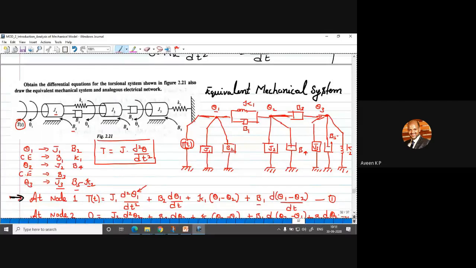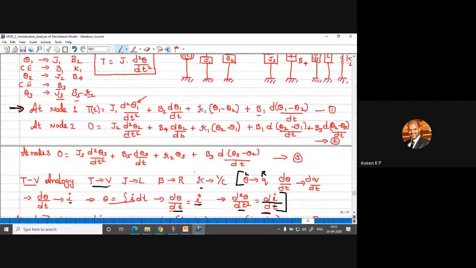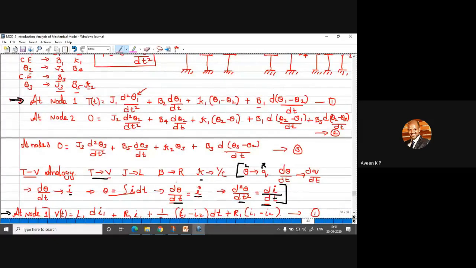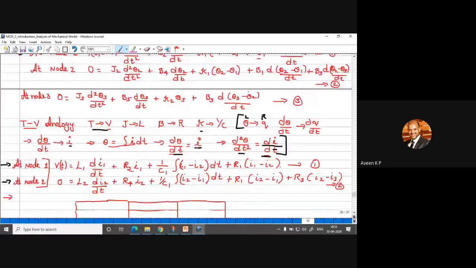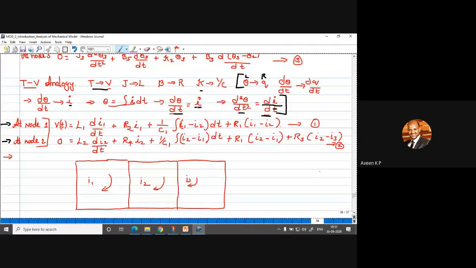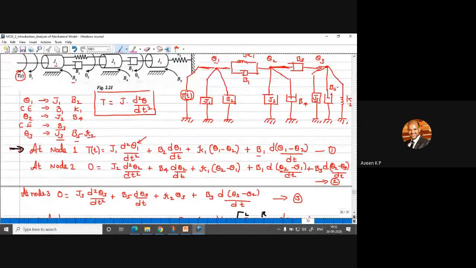So J will be replaced by L and B will be replaced by R. And we have a common element, that is K1 and B1. So let me copy the statement that I have written here, and I will paste the same. So this will be helpful in order to write my electrical network.